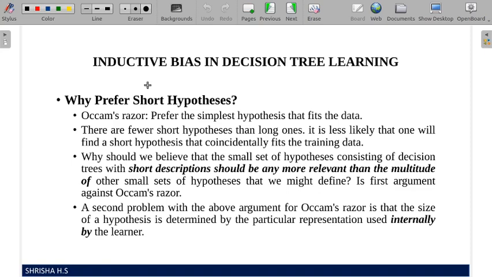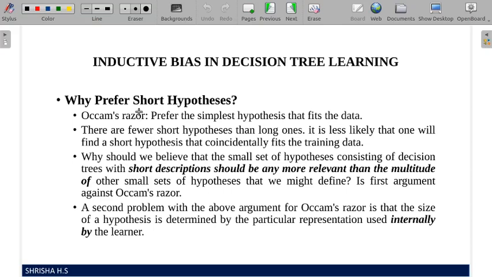Simple is best. Prefer the simplest hypothesis. Explain Occam's razor principle: you can get a question like that. Occam's razor principle says that we should prefer the simplest hypothesis that fits the data. Simple is good.